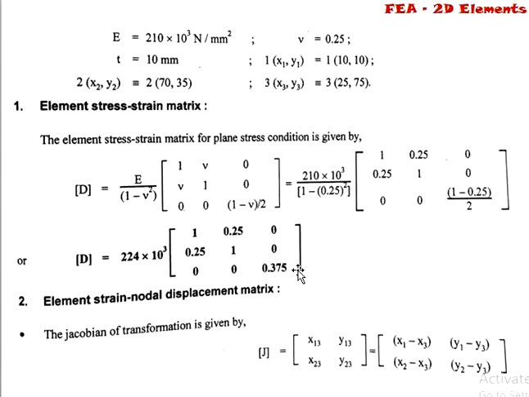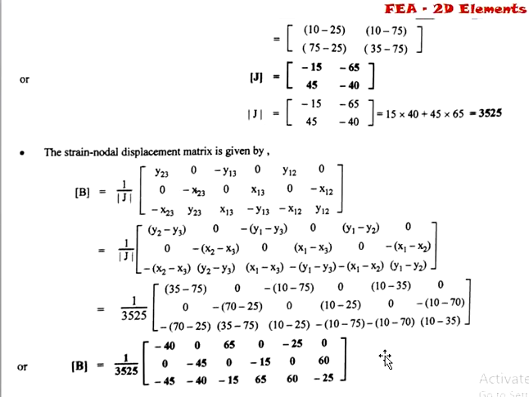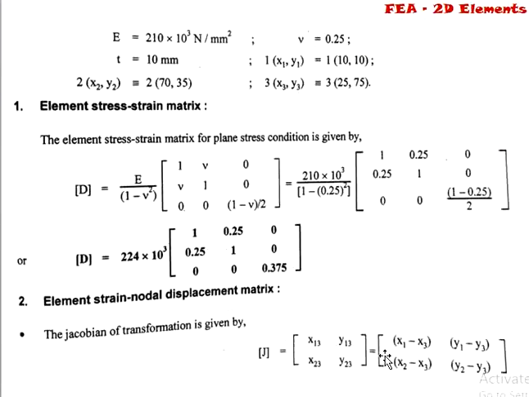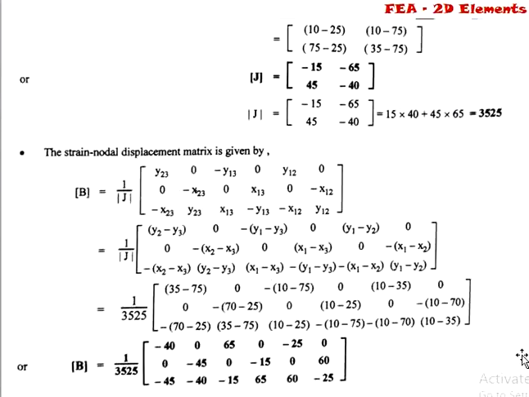Okay, next step is to calculate B, that is the strain displacement matrix. It requires the Jacobian matrix J. So the Jacobian matrix J has x13, y13, x23 and y23. x13 is nothing but x1 minus x3. We have all respective values of x1, x2, x3, y1, y2, y3. Just put them in this matrix and we'll get the J matrix.